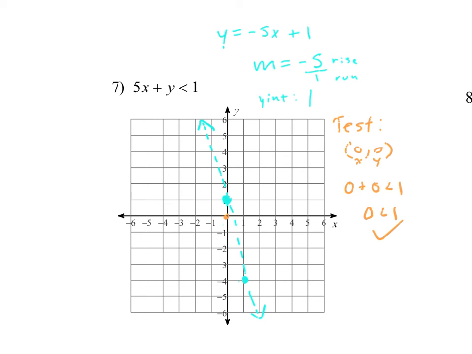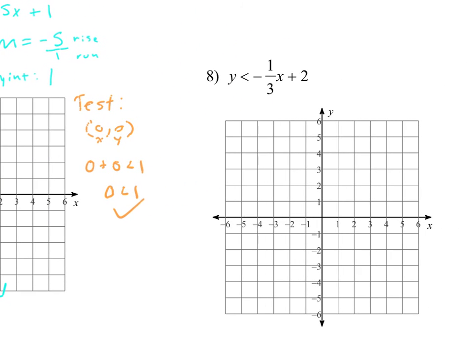Okay, number 8. What's our slope? Negative 1 over 3. What's our y-intercept? 2. So we put a dot at 2.